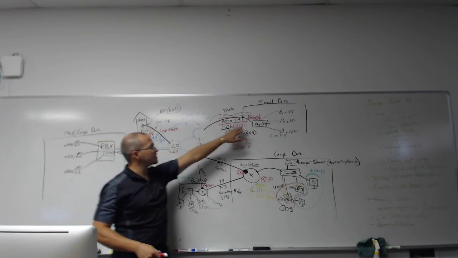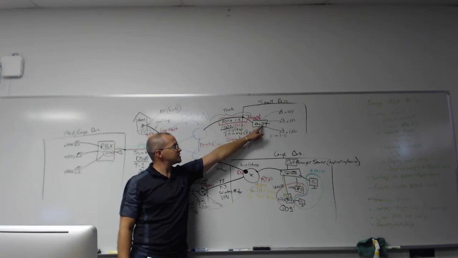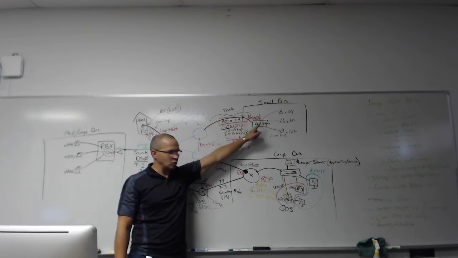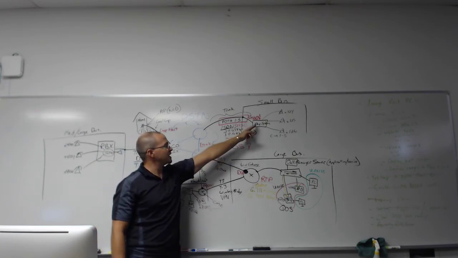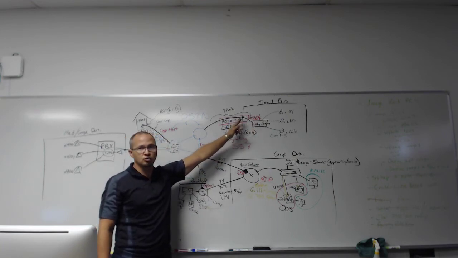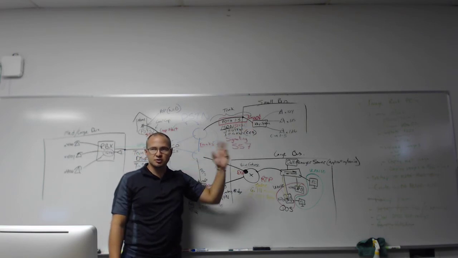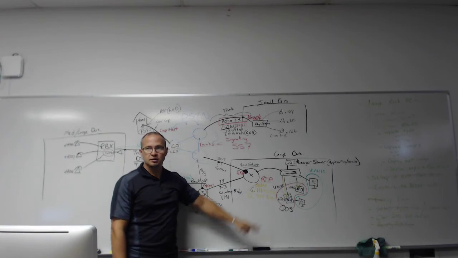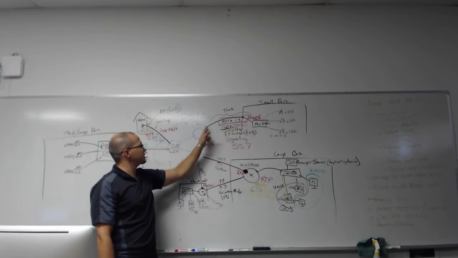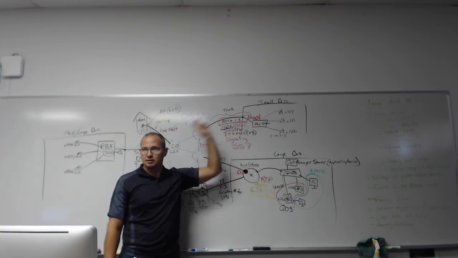Where with ground start, the key system or PVDM or DSP device is going to send an actual signal and ground the circuit. What happens when you ground a circuit? It goes away. There's no more circuit, right? So it's going to ground that circuit so it will disconnect.